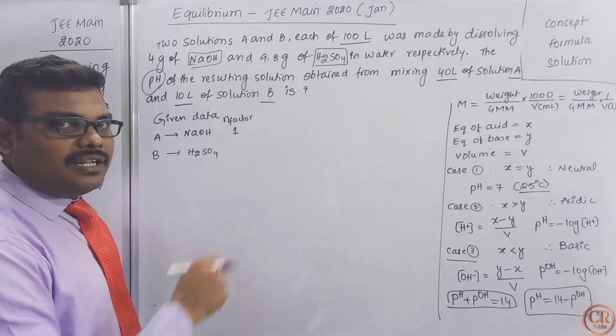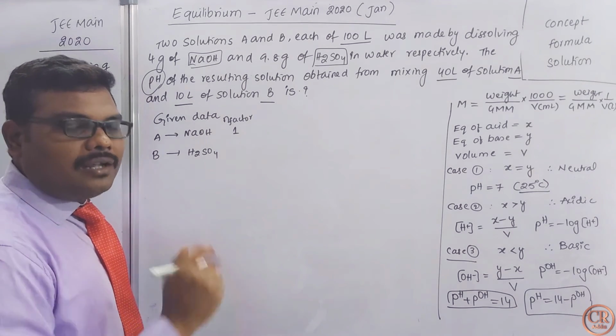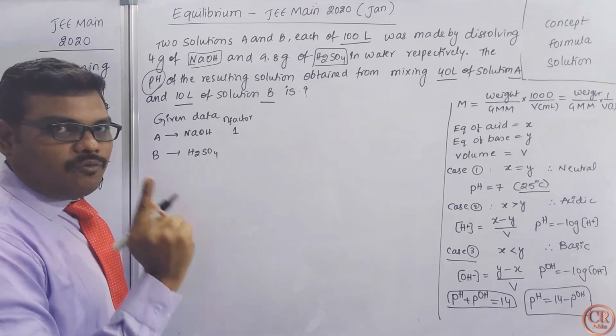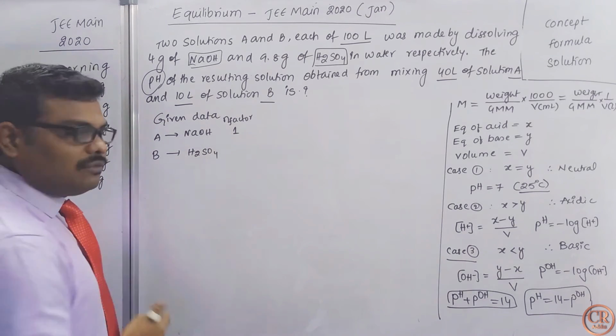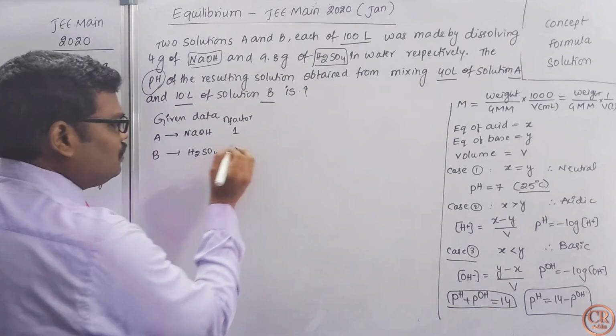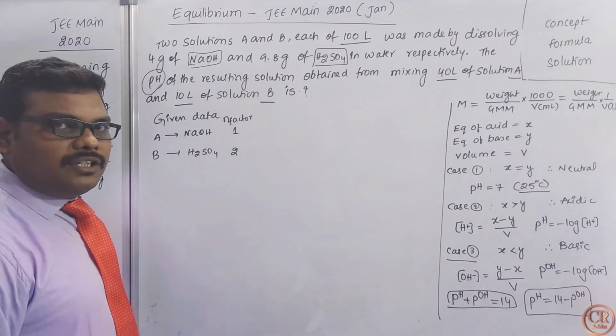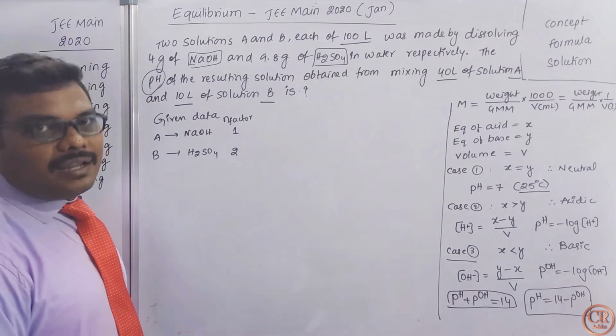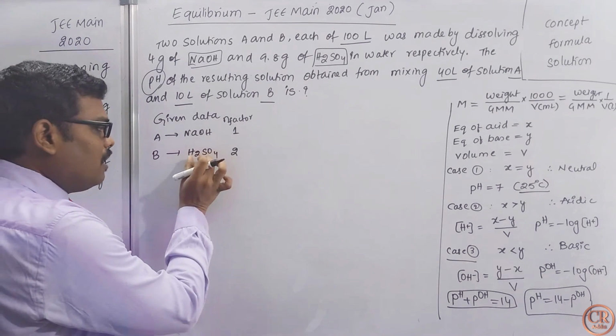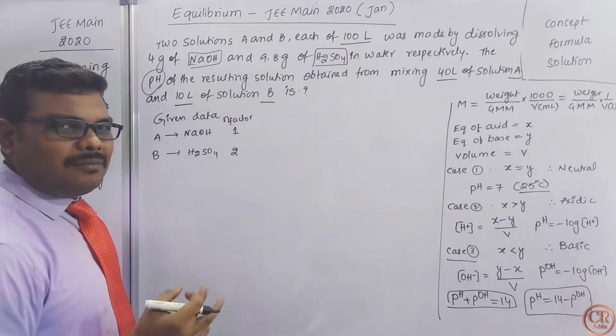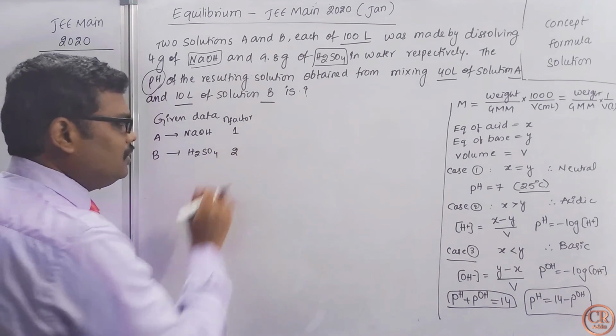So how many OH minus ions are produced here? Only 1. That's why n factor is 1. Now if you take H2SO4, n factor is 2. So here, when H2SO4 dissociates, it gives 2 H plus ions. So number of H plus ions released from acid is nothing but n factor. So here n factor is 2.